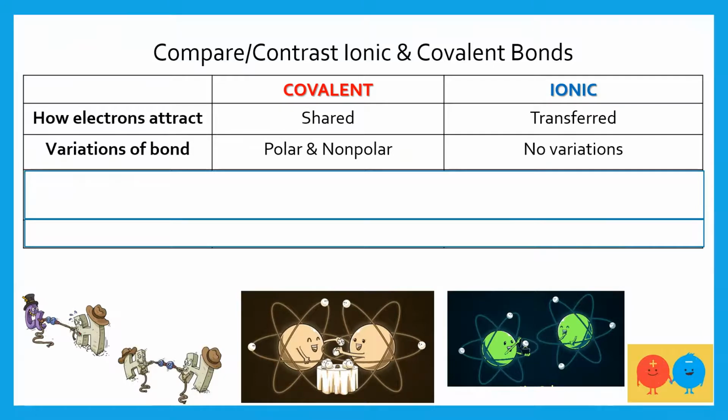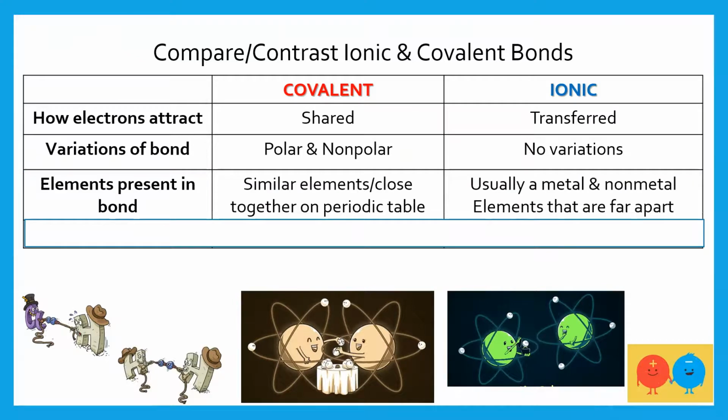In covalent bonds, we have polar and nonpolar, where the sharing is either unequal or equal. Ionic bonds do not have any variations. What elements are present in these bonds? Covalent bonds are usually similar elements, identical, or those that are close together on the periodic table. And ionic bonds are usually a metal and a nonmetal.